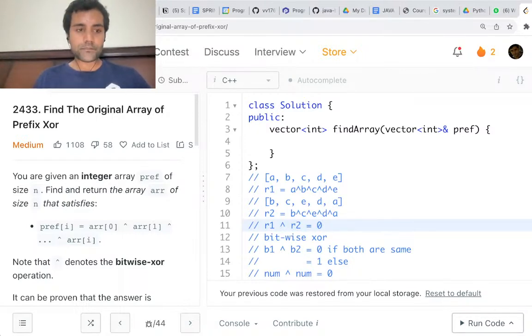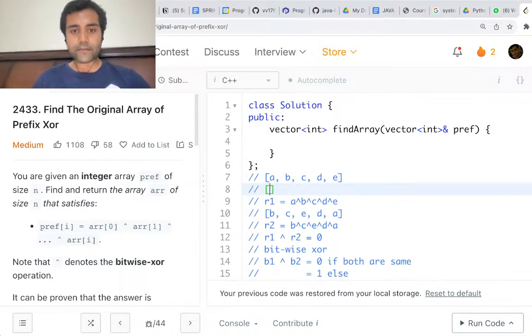Now if you understand this and revisit the question, it clearly says that you will be given an array as an input which represents the prefix XORs. Just like you have prefix sum. What is prefix sum? The sum from here till here is just A, from here till here is A plus B, from here till here is A plus B plus C, this sum is A plus B plus C plus D. So this is your prefix sum array.